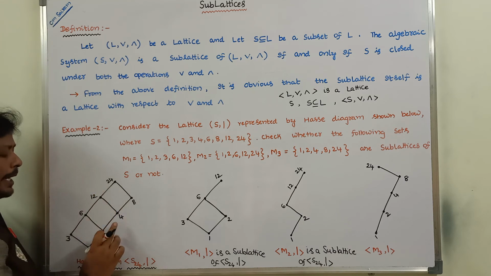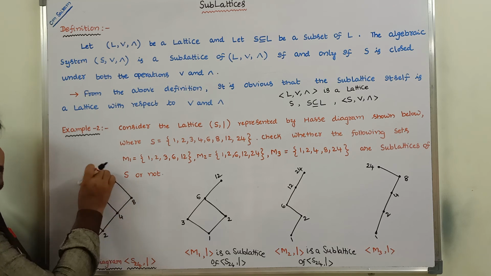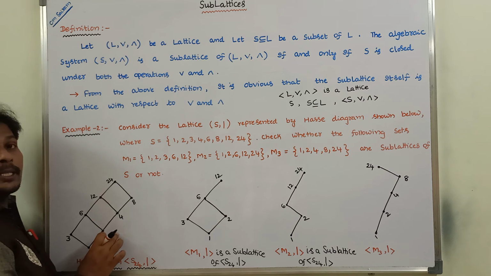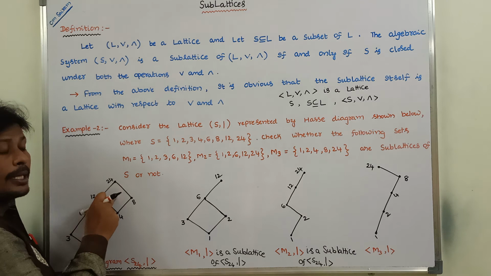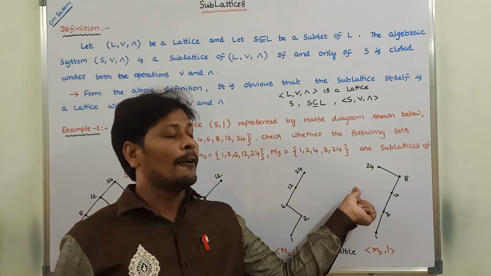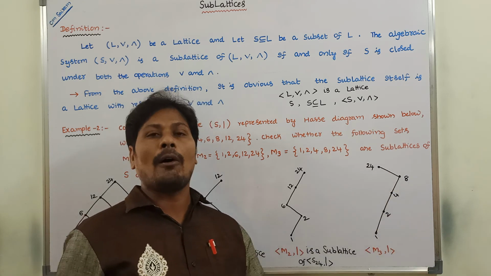We take any pair of elements among them, and the same LUB and the same GLB that exist for that pair in M3 must exist in this Hasse diagram also.